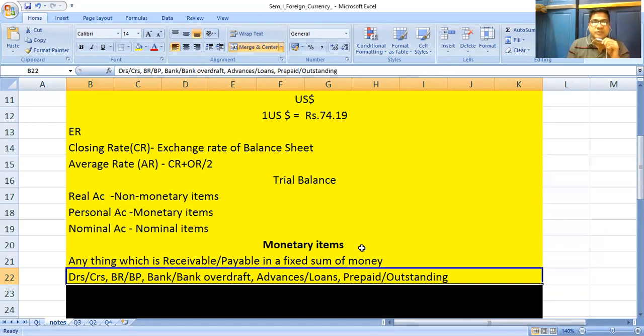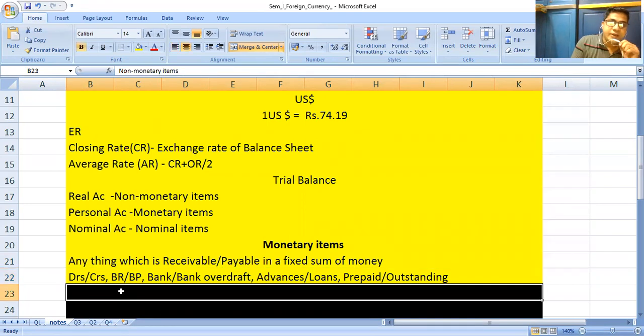Monetary items means anything which is receivable or payable in a fixed sum of money. You should know the examples: debtors, creditors, bills payable, bills receivable, bank balance, bank overdraft, advances, loans, prepaid expenses, prepaid income, outstanding expenses, outstanding income.